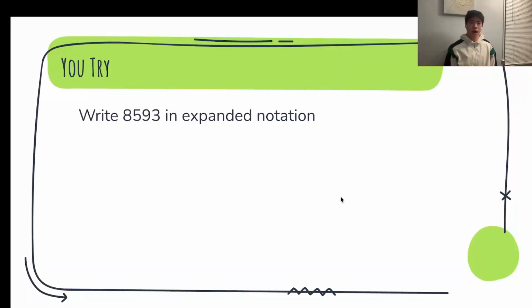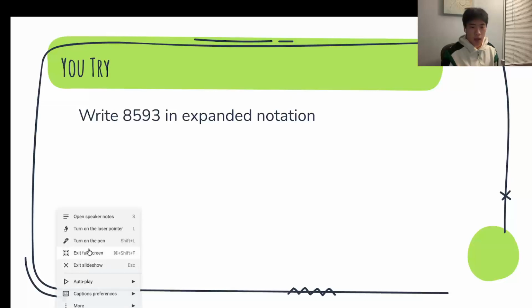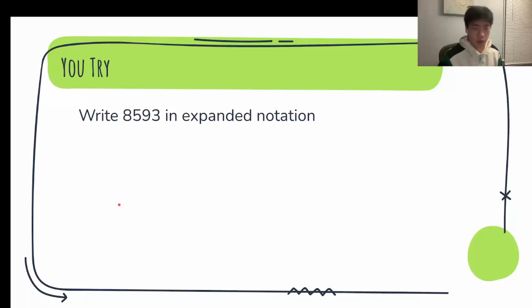Now, you try writing expanded notation. So write the number 8,593 in expanded notation. And by the way, this is just in our regular decimal or base 10 counting system. Okay. Let's do this together. So this is equal to, there's an 8 in the thousands place, 5 in the hundreds place, 9 in the tens place, and a 3 in the ones place.